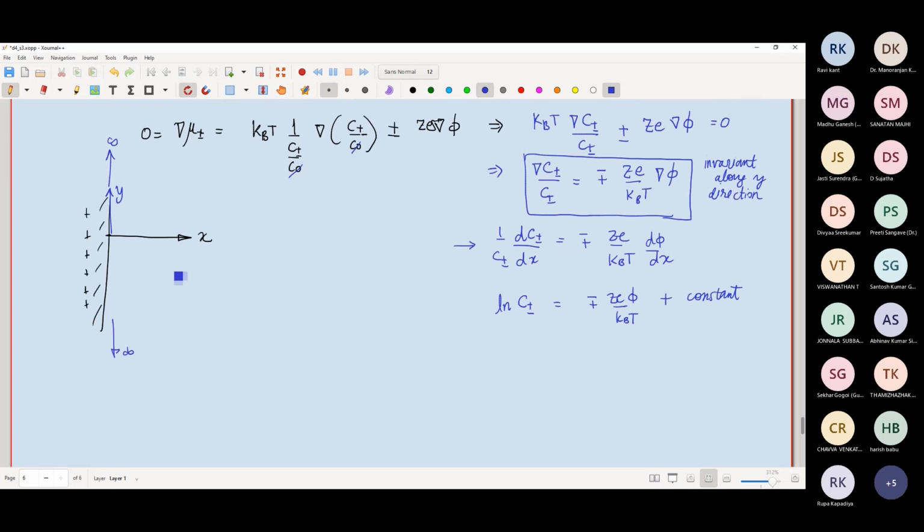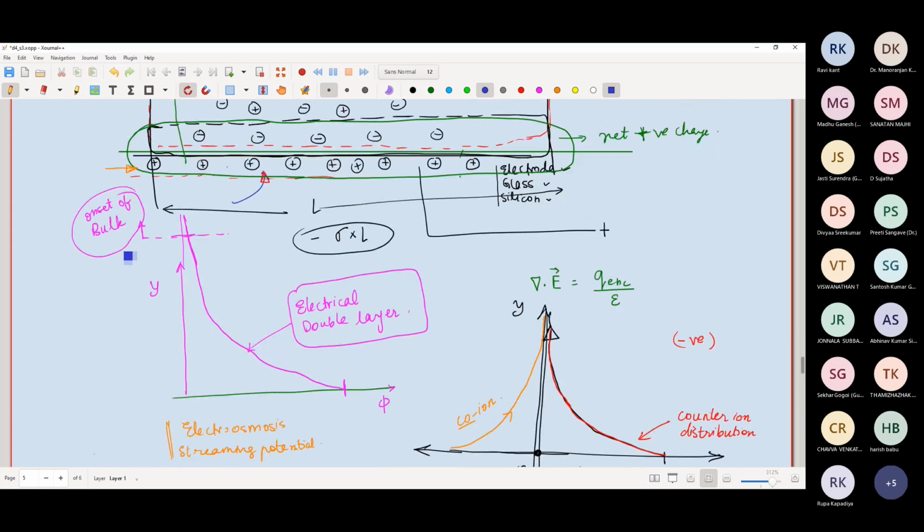And what is the boundary condition for this ordinary differential equation? As we go towards infinity, that is when x tends to infinity, the potential must vanish, because we saw yesterday that as more and more charges screen the wall, the overall charge content of the region near the wall, including the wall, goes to 0. It is almost like all the charge is being screened by the distribution.